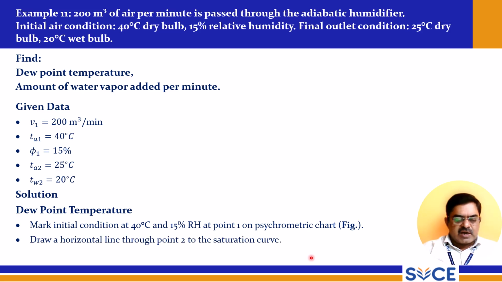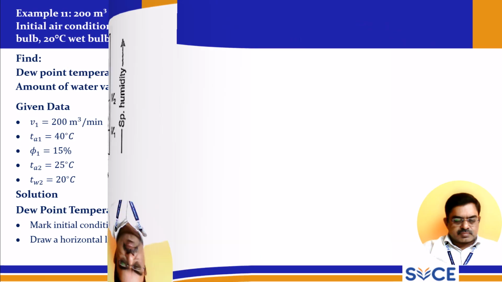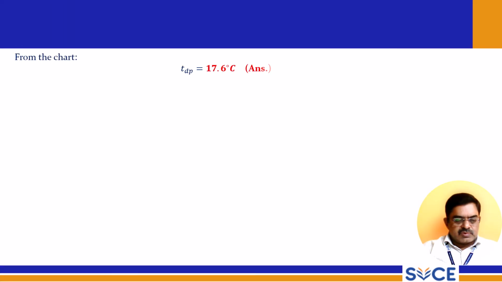Draw a horizontal line through point 2 to the saturation curve. Here this is point 1 to 2, and extend this, you will get the saturation curve, and this is the 20 degrees Celsius.